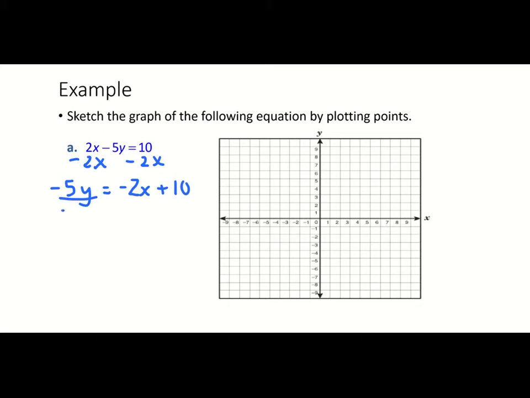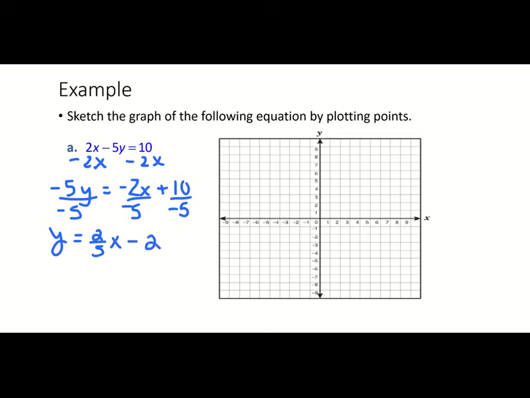And then we'll divide everything by negative 5. So we get y equals 2/5 x, because the two negatives make it positive, minus 10 divided by 5 is 2.